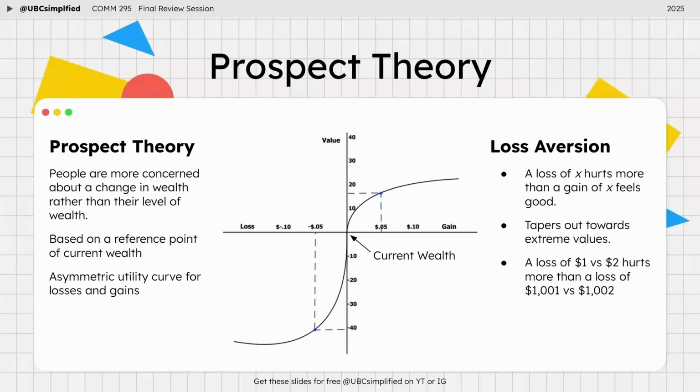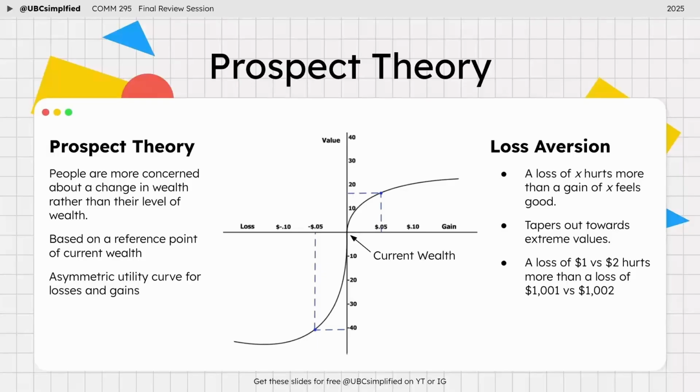And then similar to framing is prospect theory, which basically says that $1 and $2 is a bigger difference than $1,001 and $1,002. So you have this reference point. Here we have gains on the top and losses on the bottom left, and you see how the curves flatten out.